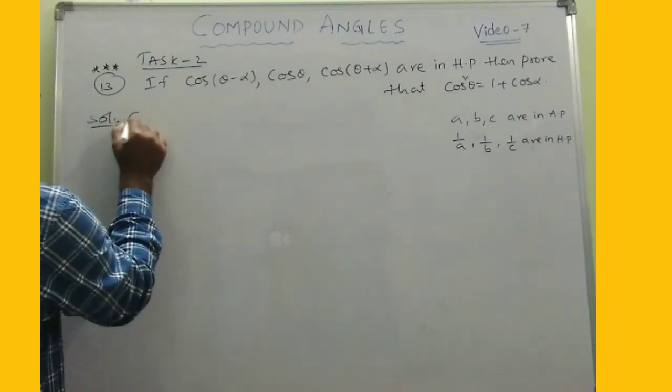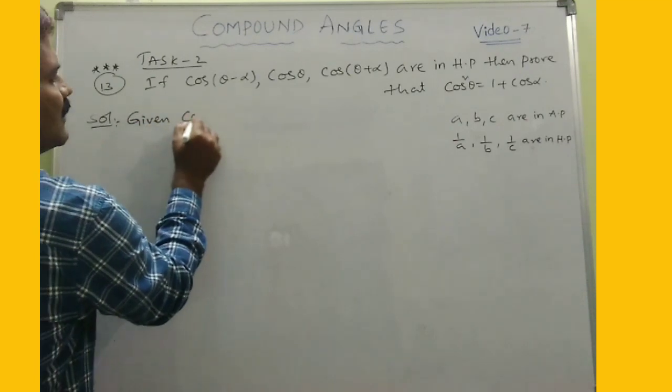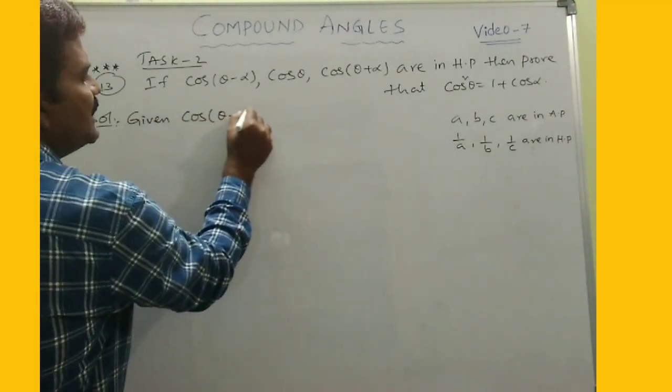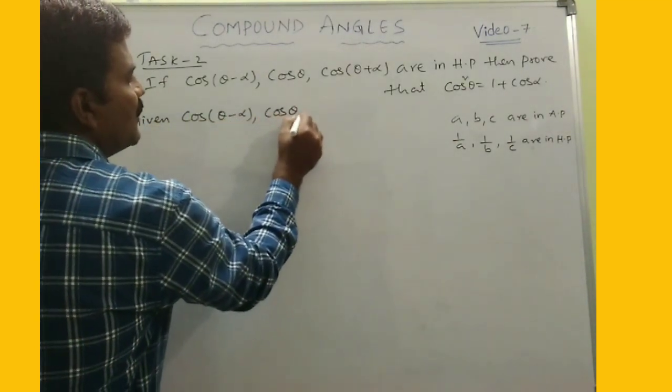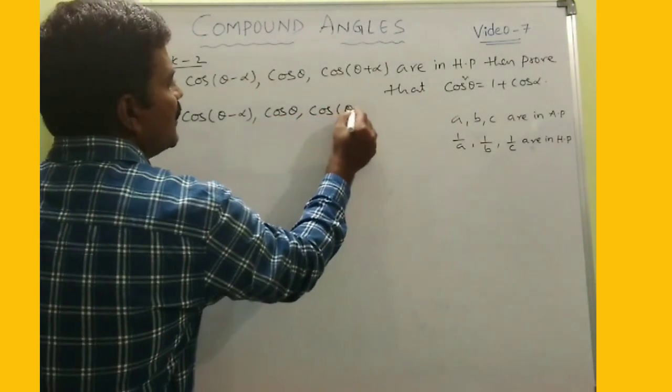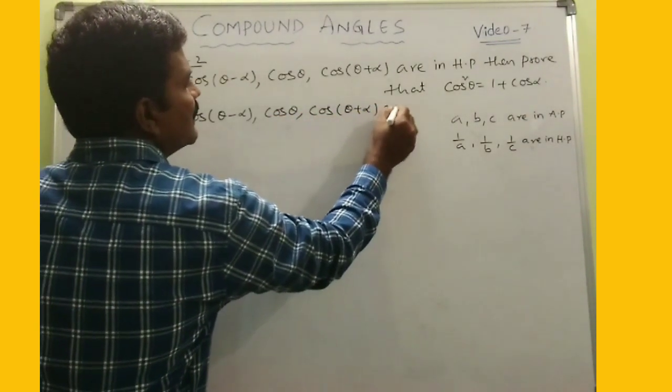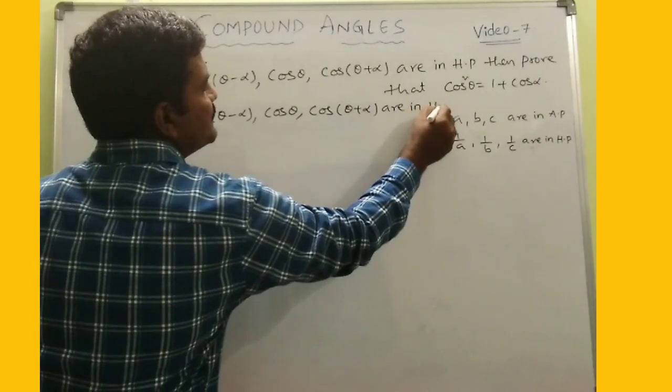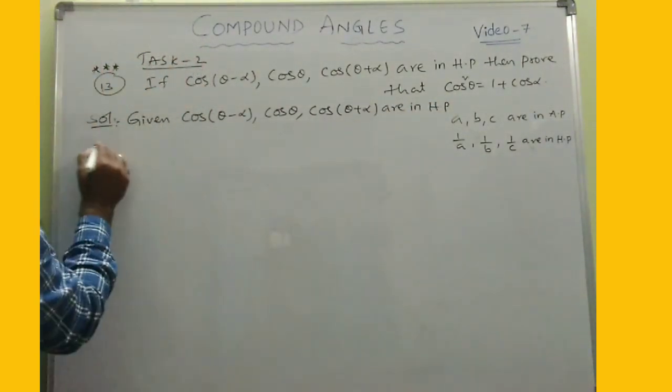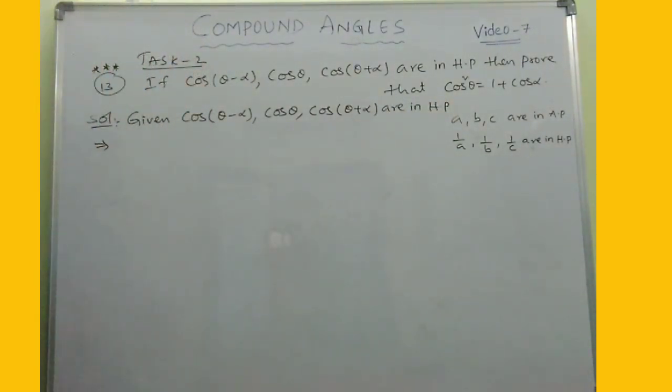So what is given? Cos of (theta minus alpha), cos theta, cos of (theta plus alpha) are in HP. Then when the problem is given in terms of harmonic progression, immediately we need to change into arithmetic progression.